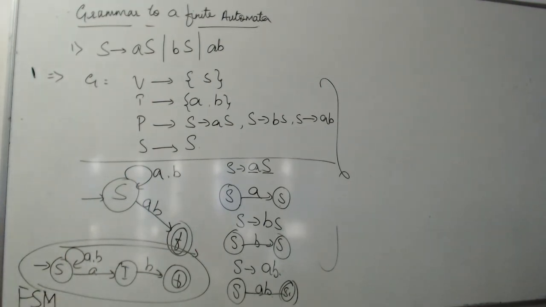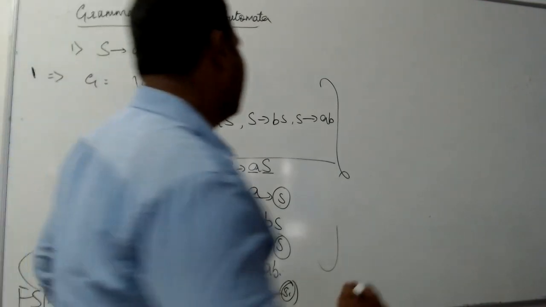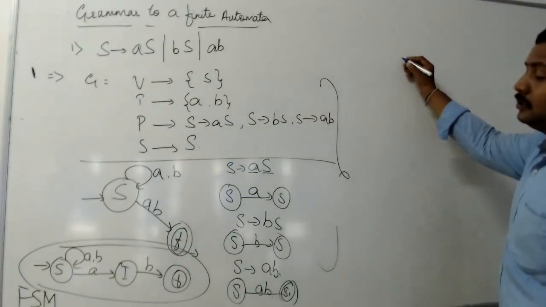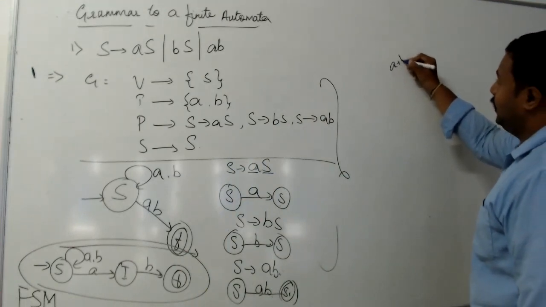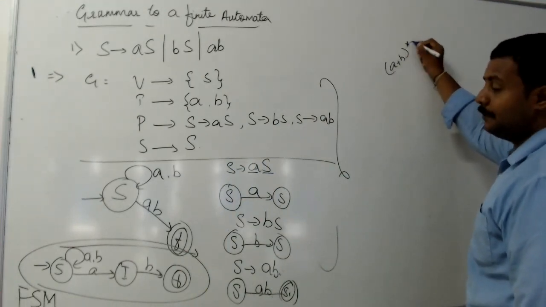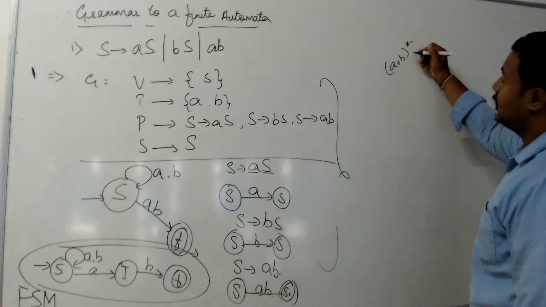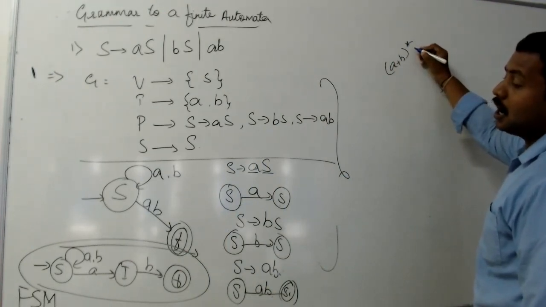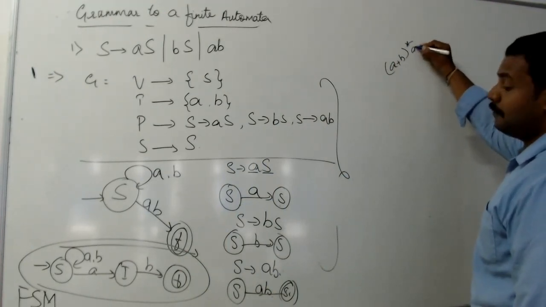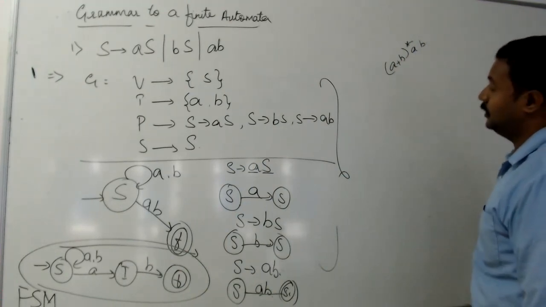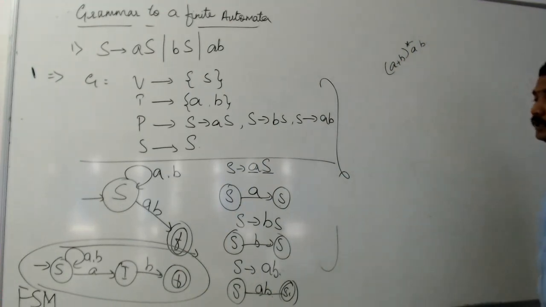Right? The same thing, if it is asked to convert the grammar to a regular expression, upon converting it into a finite automata, you got here, right? So what do you have? A plus B whole star loop is there, whole star, AB, A plus B whole star A. That's the final thing.